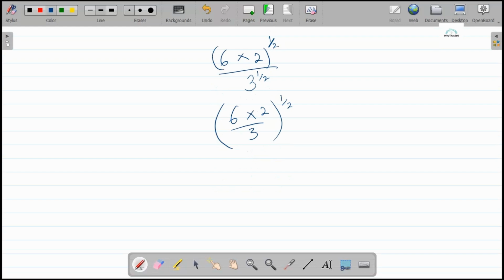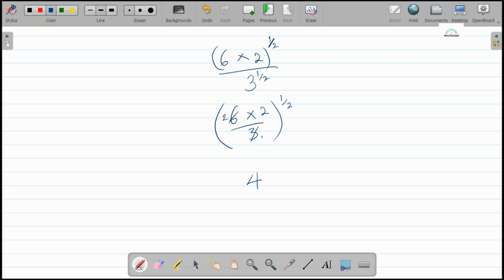And then finally we get something like, you can either multiply 6 by 2 to get 12 divided by 3, and 12 divided by 3 is 4, or you can divide this by 3 and divide this by 2.